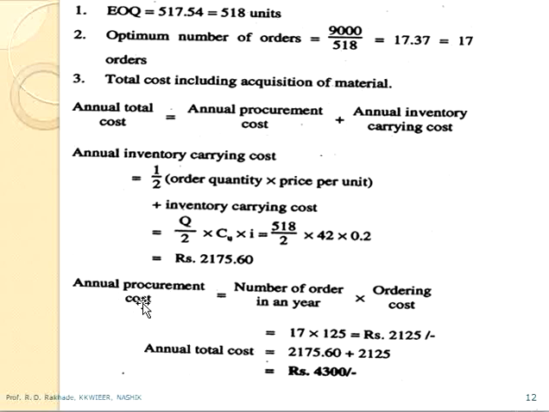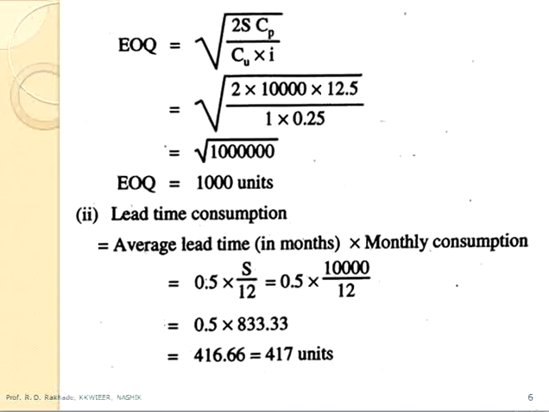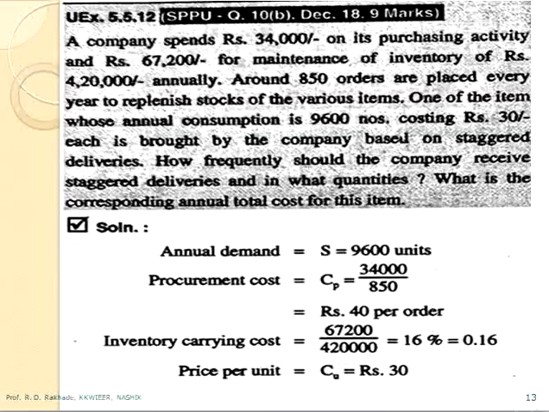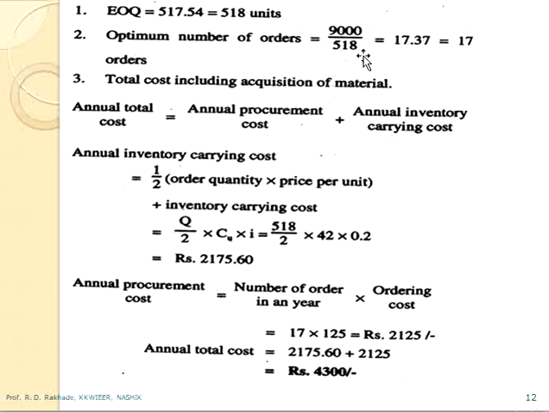And annual procurement cost. We have a direct formula: procurement cost is S upon Q into CP. S upon Q we already calculated as 17.